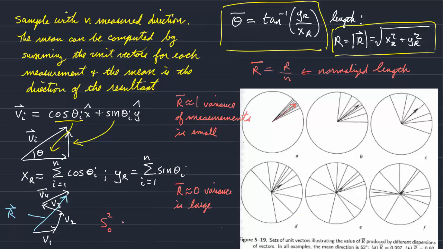So S sub 0 squared is the circular variance, and that's 1 minus the length of the mean resultant vector, or in terms of the resultant vector, it's simply n minus the length of the non-normalized resultant vector all over n. So you can see that when r bar is 1, the circular variance is 0, and when r bar is 0, the circular variance is its maximum value of 1.